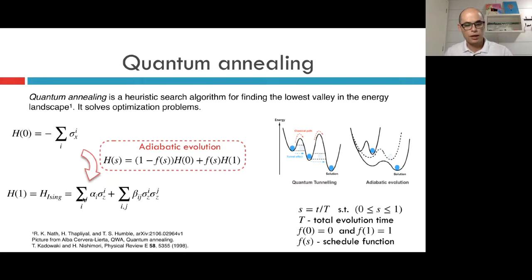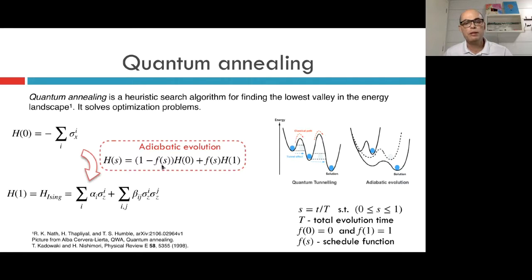So that at the end of the evolution, this is an adiabatic evolution, you arrive at a final Hamiltonian that is the Ising Hamiltonian. This kind of Hamiltonian is important because it's possible to map several problems onto it, and we do that by adjusting the coefficients alpha and beta in order to encode the solution to your desired problem.